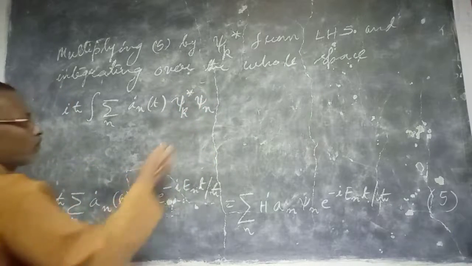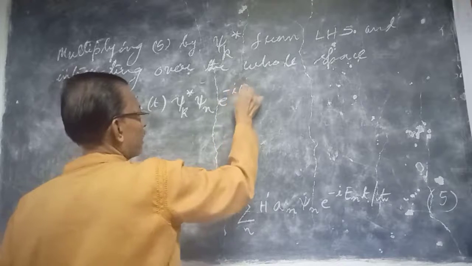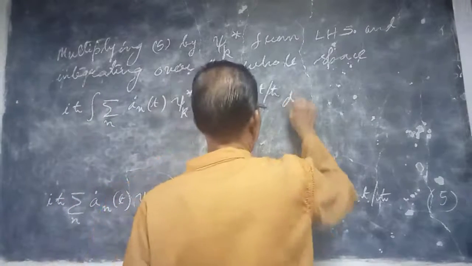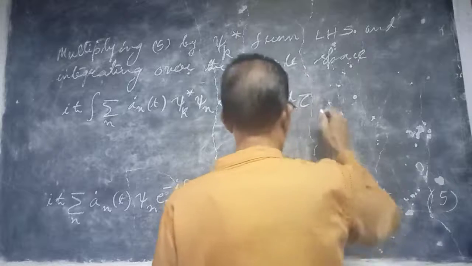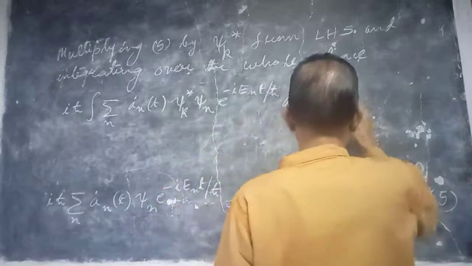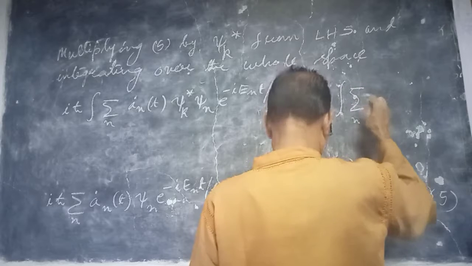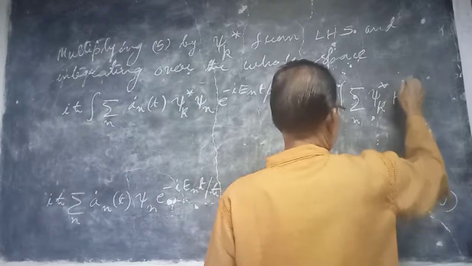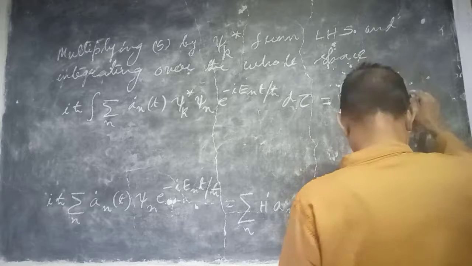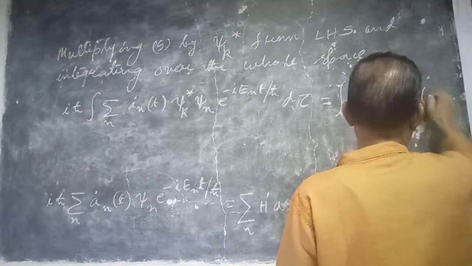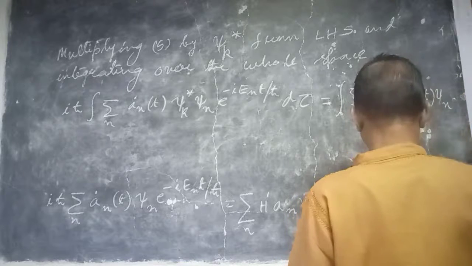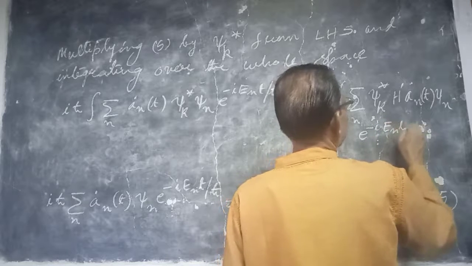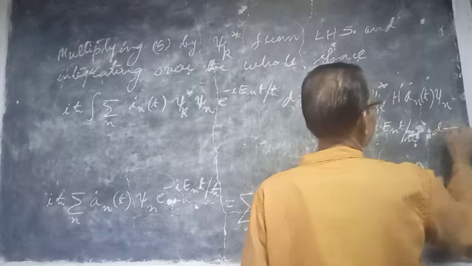From the left hand side we are multiplying by e to the power minus i E n t by h cross d tau, the volume element, that is equal to integration sum over n psi k star H prime a n t psi n, and this e to the power minus i E n t by h cross d tau.